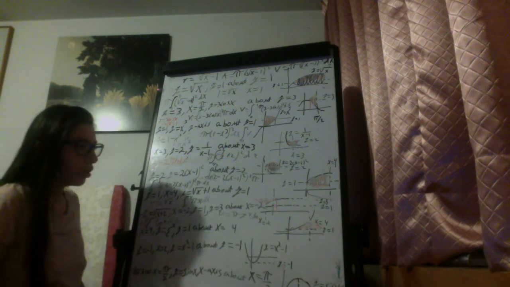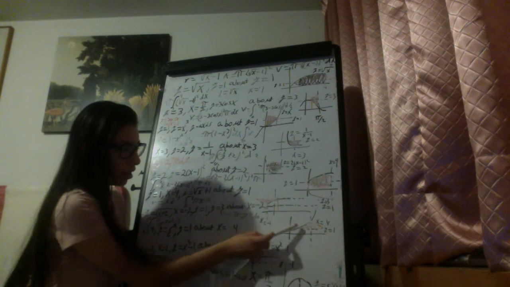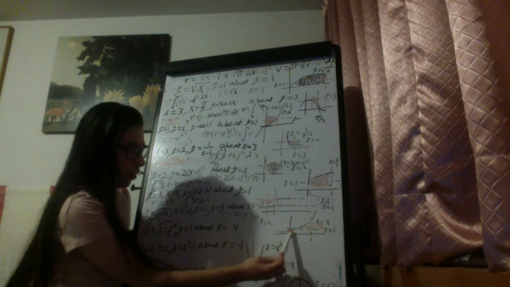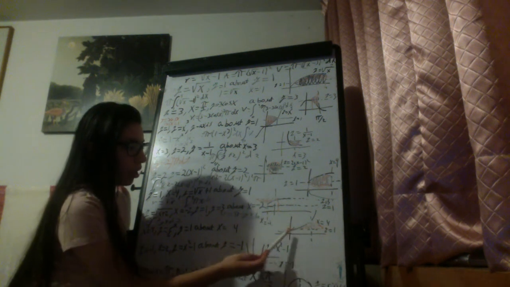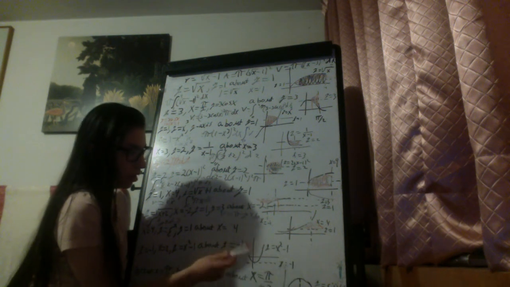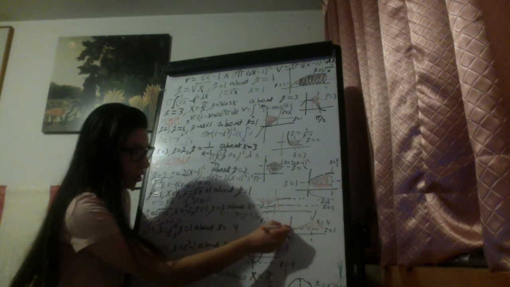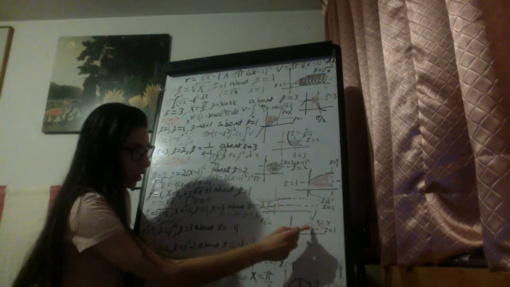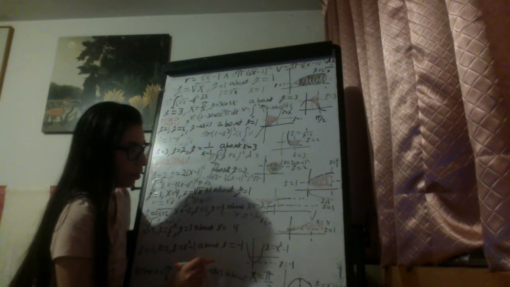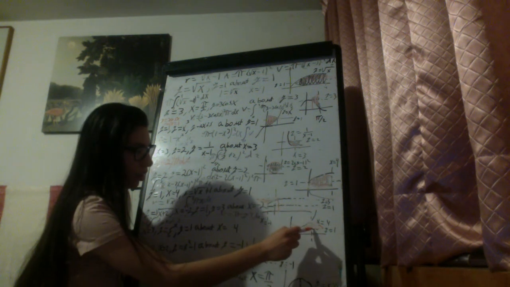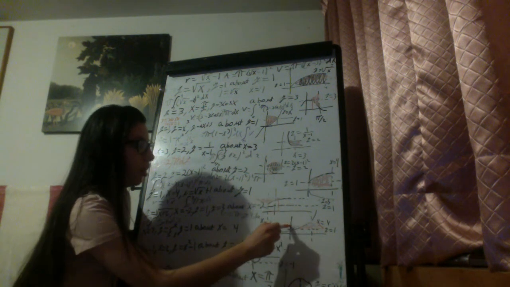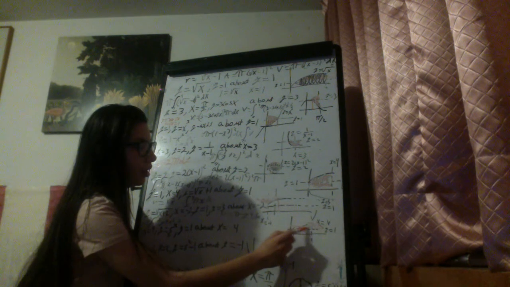So the radius would be the distance between the line x equals 4, which is all this distance, and the distance of the graph. If we subtract the distance of the graph from all this, we have only this distance.